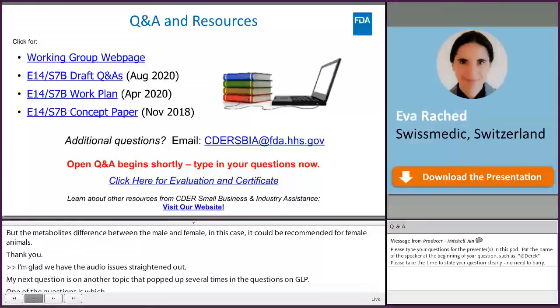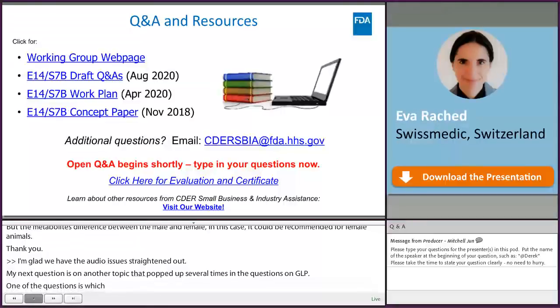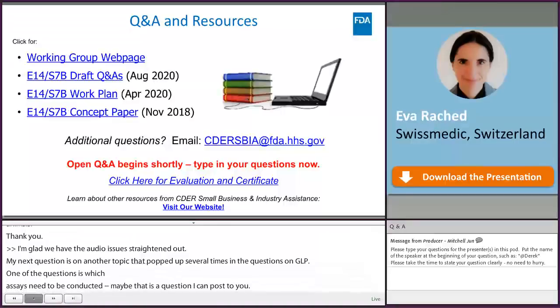Yes, sure. First of all, there were several questions I've seen about the follow-up studies, like the myocyte studies and so on. I would point out that according to the S7B guideline, it is not a requirement to conduct these follow-up studies under GLP.